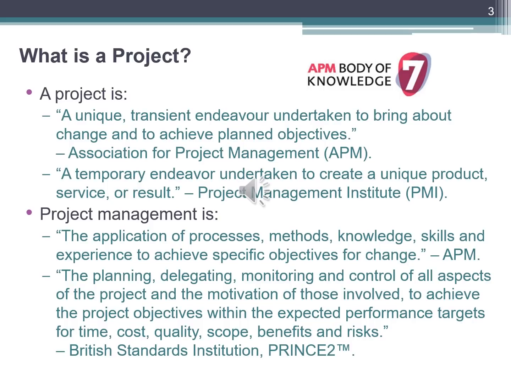And project management as planning, monitoring and control of all aspects of a project and the motivation of all those involved to achieve the project objectives on time and to the specified cost, quality and performance.